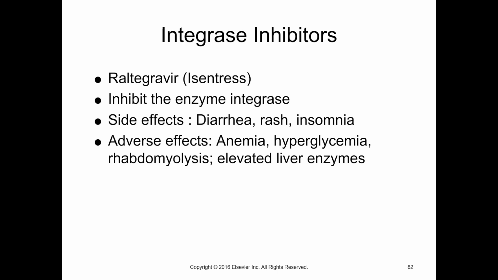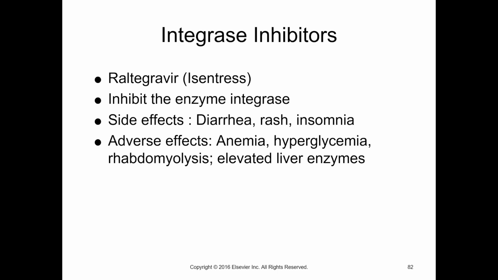So raltegravir is the standard for this drug. This one's only given for people that already have HIV and are already using HAART and have increased viral loads, right? So they basically have an active ongoing infection. So there's an enzyme called integrase.